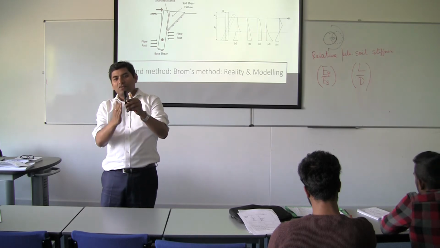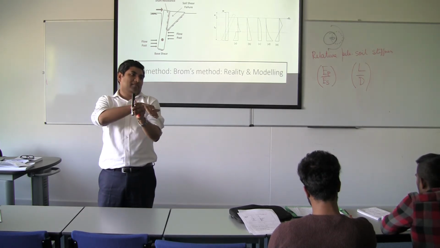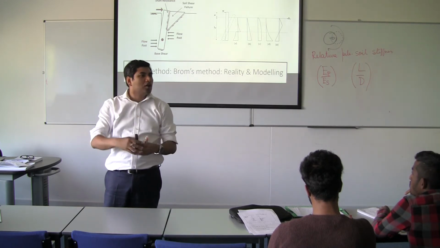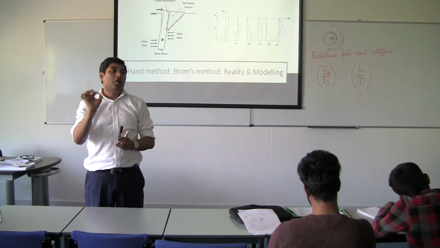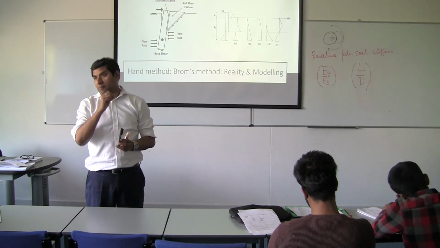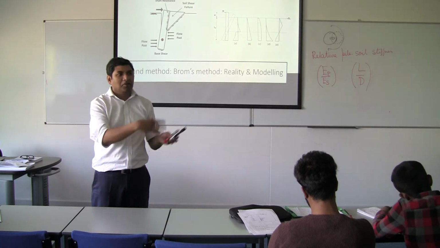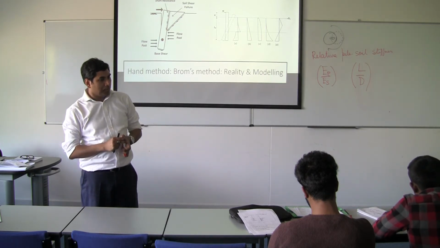As it moves, it's pushing the soil, so there'll be active and passive. So you assume a distribution, and from there you can work out the point of zero shear, and the point of zero shear is the location of maximum moment. You can calculate by simple beam theory, whatever belongs in equilibrium, right?